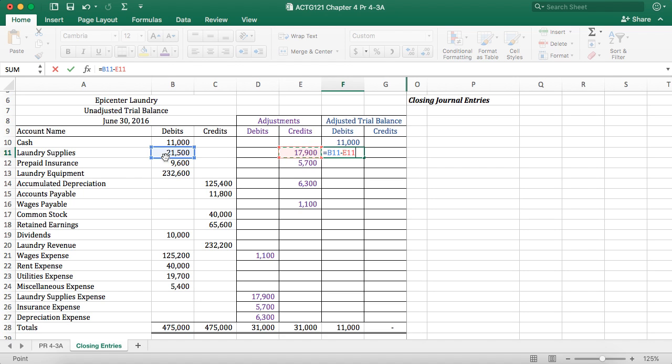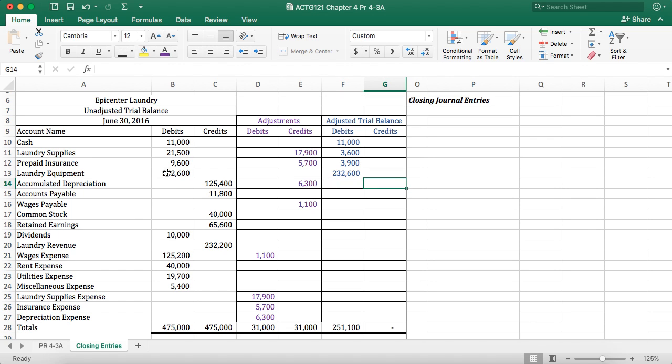So I've taken this number and subtracted that number. And that's our new balance. Again, for prepaid insurance, we add the $9,600 and we subtract the credit, or $5,700. Again, if there's no activity, we just bring the number right over.